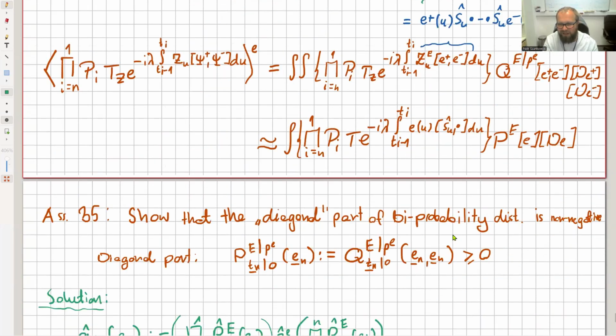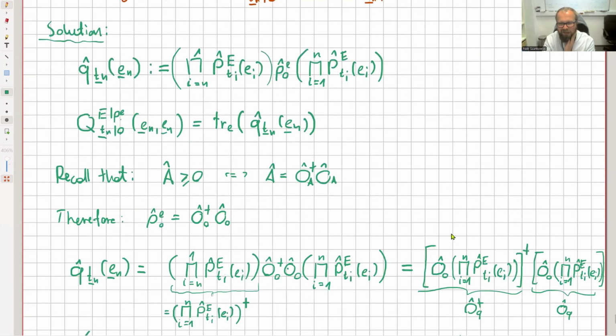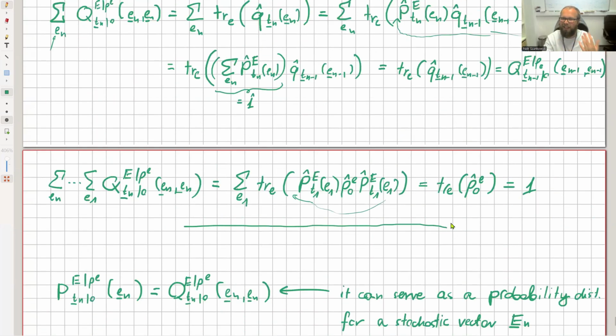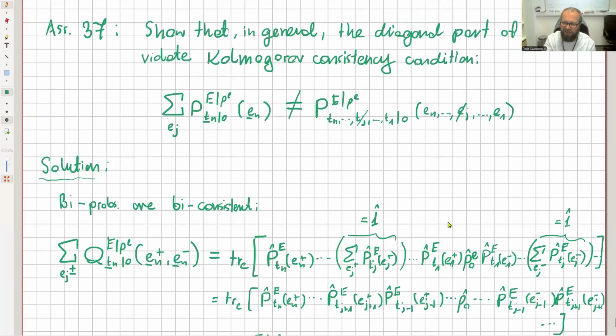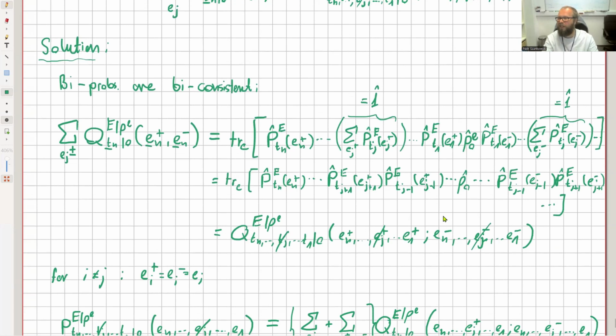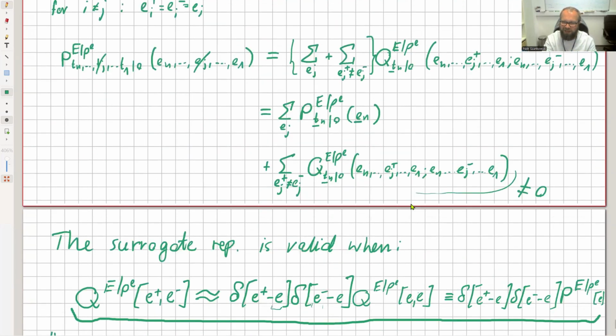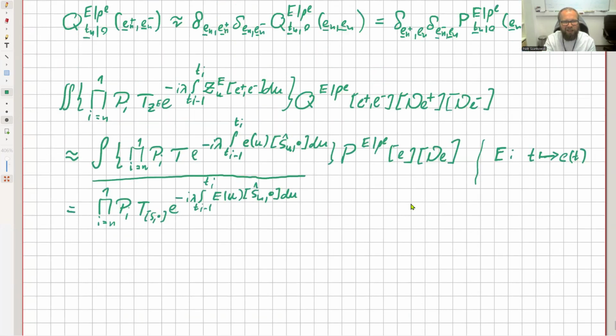So the one last thing I want to cover: this is a technical aspect of the origin of external fields, of the surrogate field representation. But there's one more aspect that's maybe a little bit more philosophical, but it's also very interesting, I think.